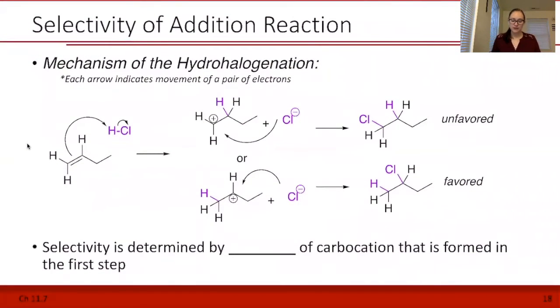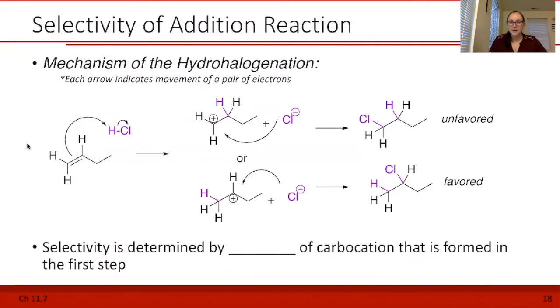If we're looking at the mechanism of hydrohalogenation here, I'm just going to use the highlighter and the laser pointer to show all of this. I kept everything drawn in so you had a very specific and clear example and didn't have to write it, because we're not going to be doing too much mechanism work.